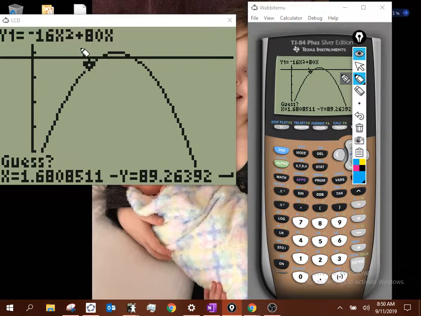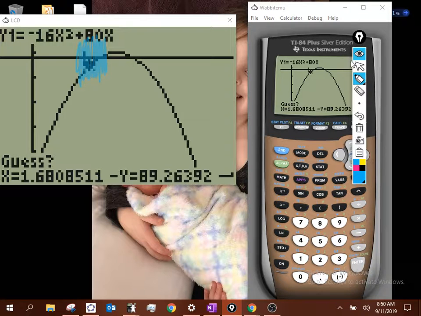Okay, we're asking it, look at all the infinite ordered pairs in that region, and look for the ones that have the same y value. And the ones that have the same y value, spit back to us the x value that goes with that.